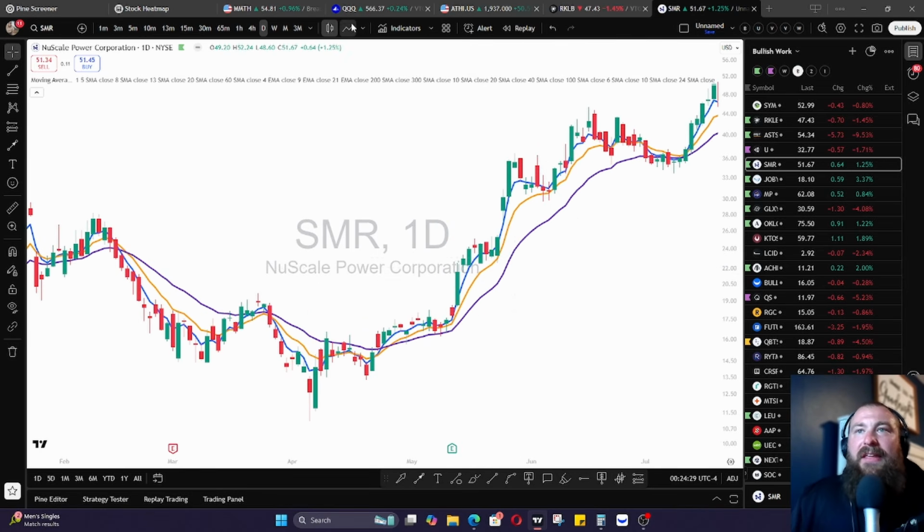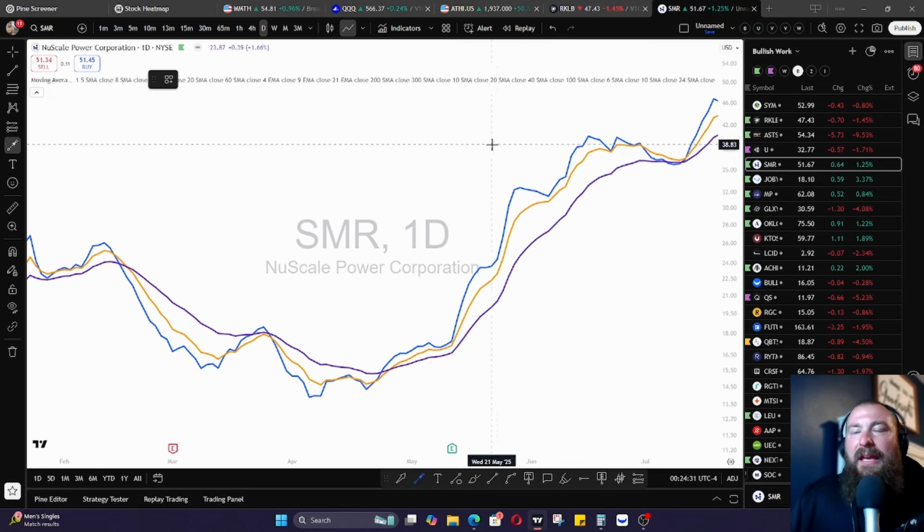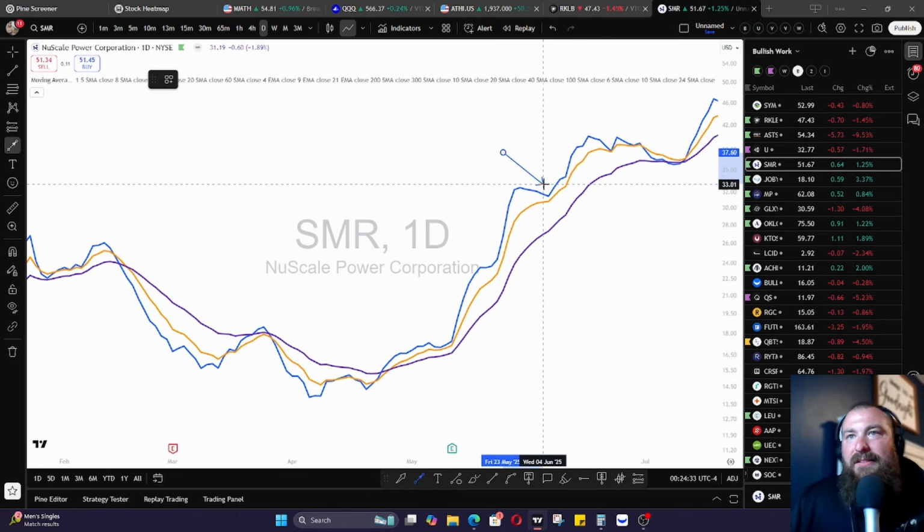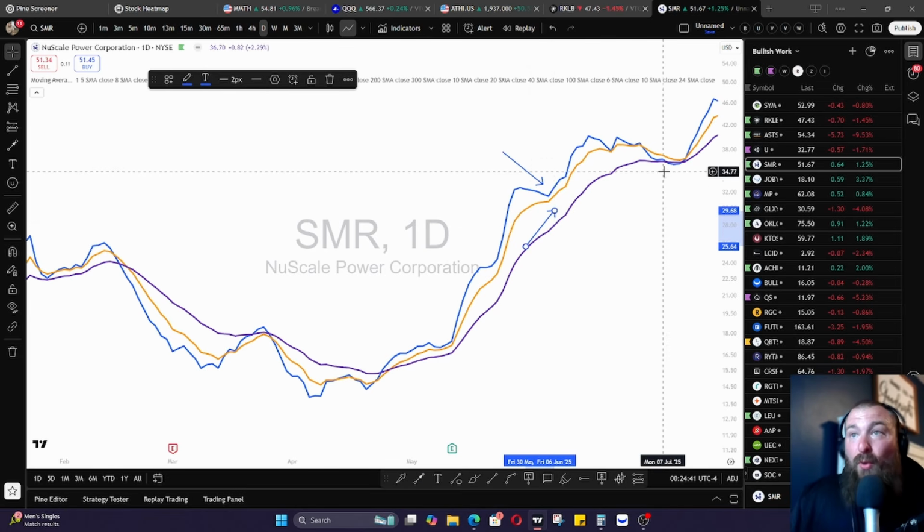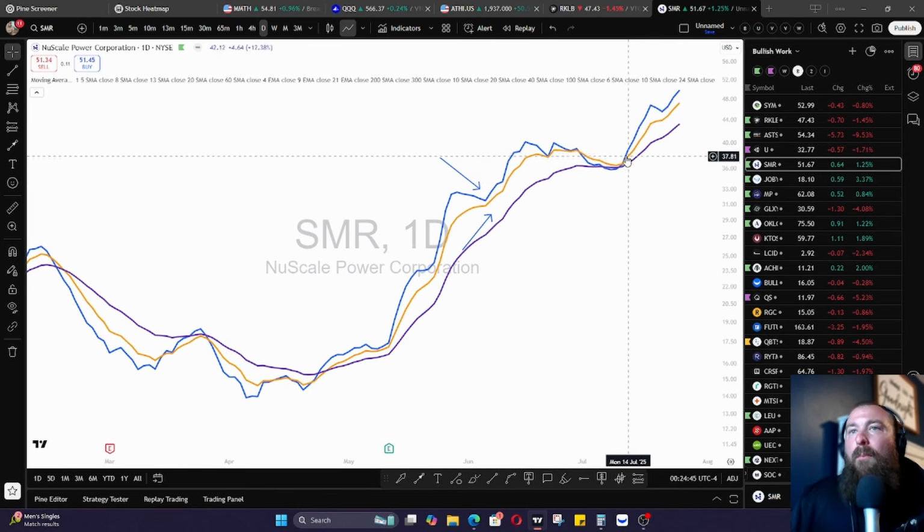We want to see that 4 EMA compress against that 9 EMA. We want to see that 21-day moving average either getting compressed or fully compressed, like this, which is much better. This, I'm trading much bigger than if I'm trading right here.